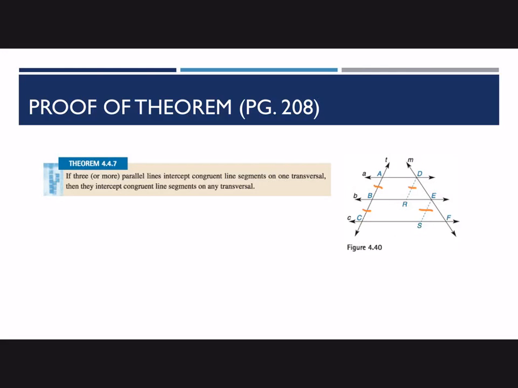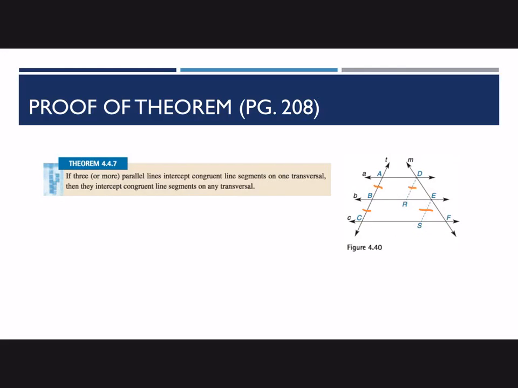Now I also know that if I look at M as a transversal of DR and ES, I can also say something about some of the angles. So I'm going to focus in on these two little triangles here, and I'm going to try to show that those are congruent.